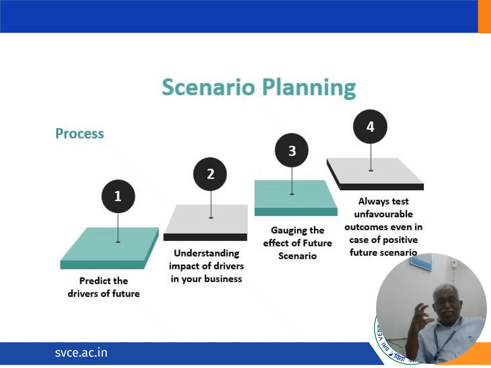Now, gauge what the effect is, understand the gauging, then if it is an unfavorable outcome, even in case of a positive future scenario, understand and act accordingly. So predict the driving force, understand the impact, gauge the effect of the future scenario, then the unfavorable outcome, even in case of a positive future scenario. Always test for unfavorable outcomes, even in case of a positive scenario.